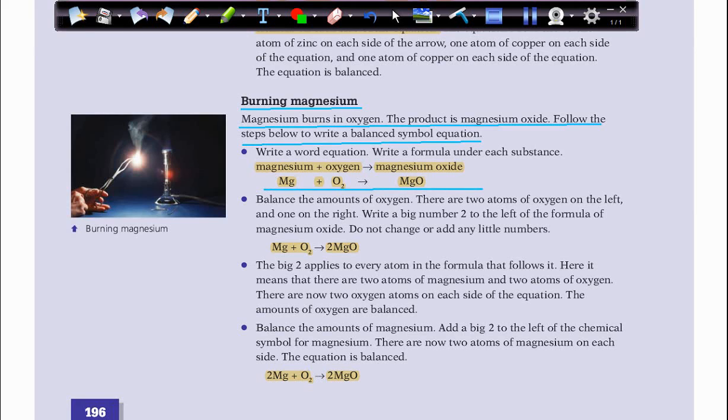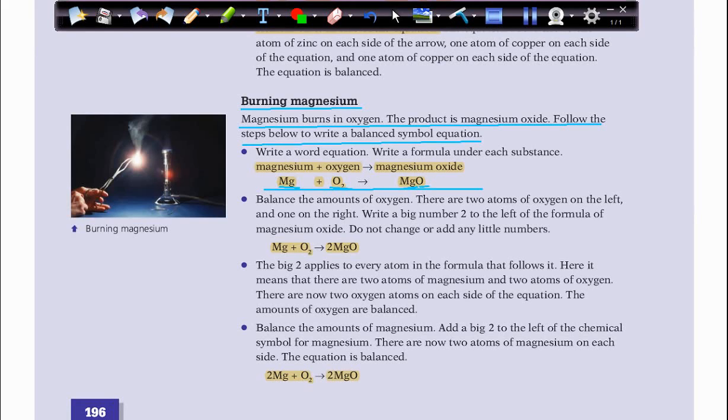If we take a closer look here: 1 Mg, 1 Mg. I have O2 here, but the problem is I have only O on the product side. So I have to balance.